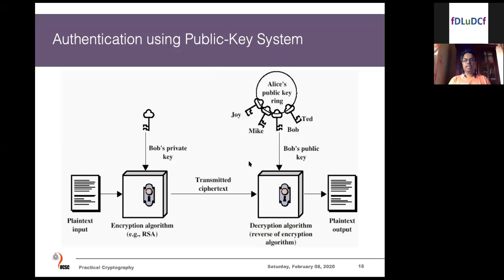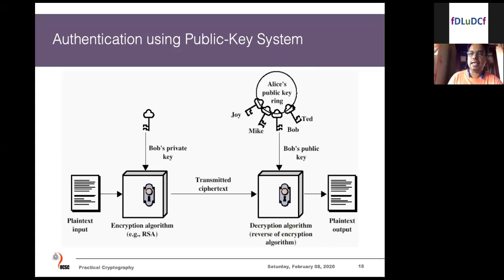We don't know who has taken this public key. Maybe Bob already sent it to Joy, Mike, and Ted, plus someone else also took it. That means Bob's public key is public. Everybody knows about it. So if Bob encrypts data using his private key, anybody who communicates in this network can decrypt that message. Obviously, there is no confidentiality in this scenario because anyone can decrypt the data.